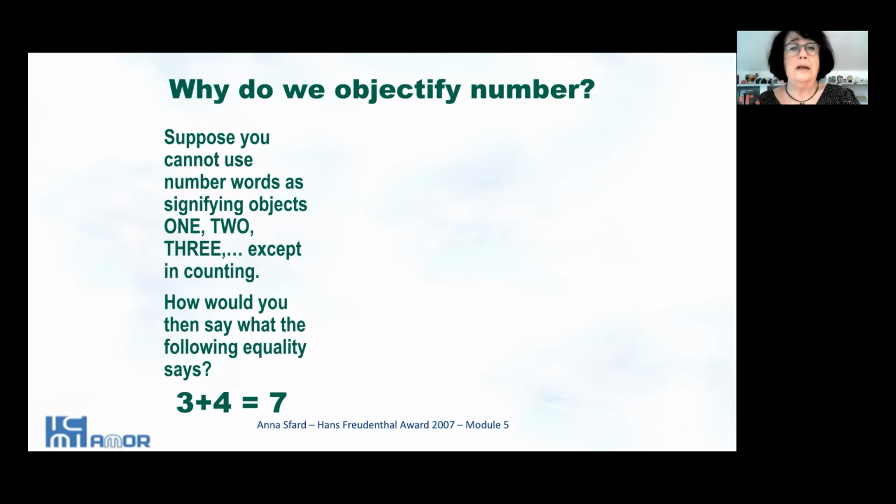If I was not allowed to say things like 4 marbles in the box or 4 plus 3 equals 7, if I could only use number words as empty signifiers, I would probably express the general fact presented here in mathematical symbols as follows.